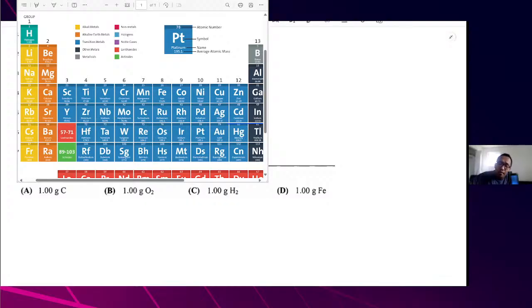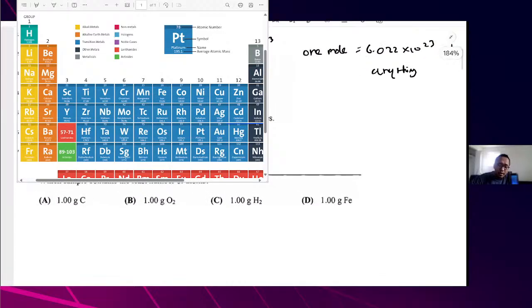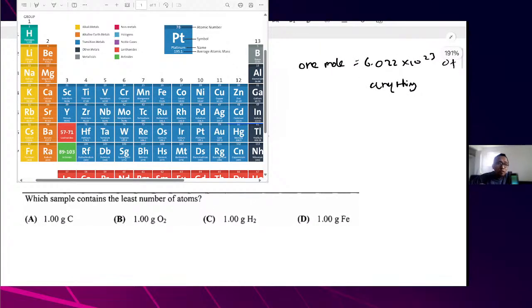So one mole is 6.022 times 10 to the 23 of anything. It might be atoms, molecules, marbles, or anything. Okay, let's review each choice. Atoms in 1 mole of O2 seems logical, right?